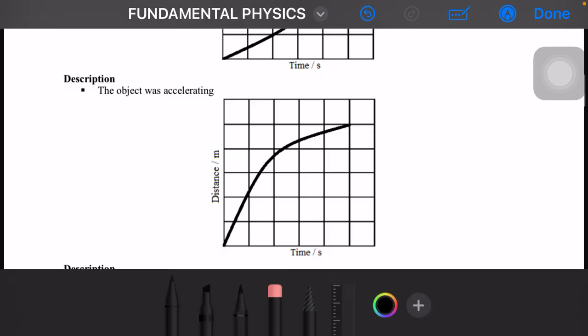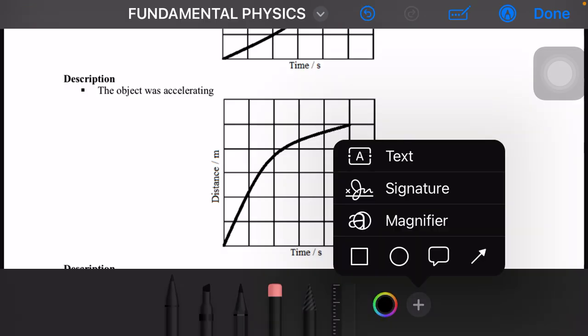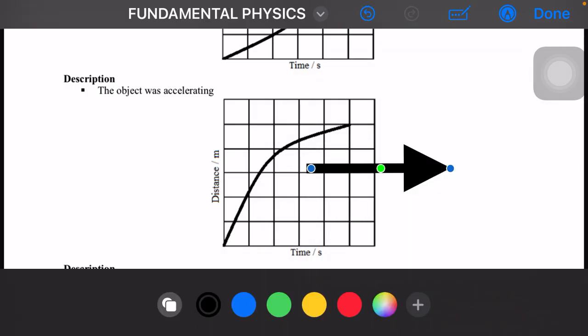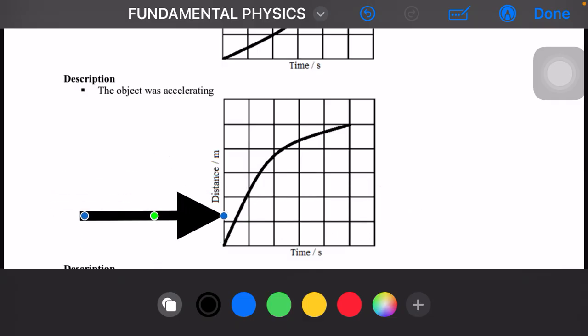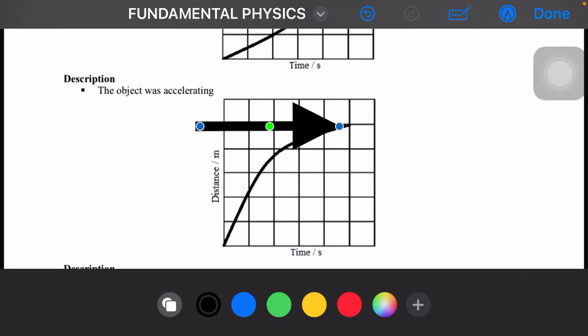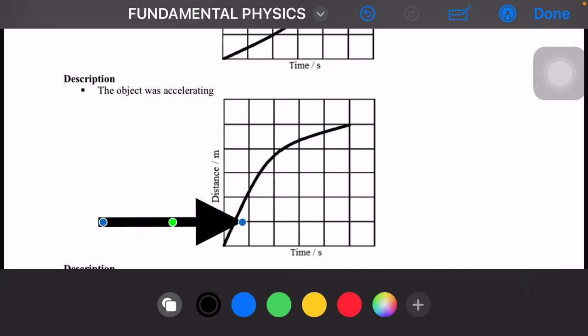Then each time you see a graph, the key thing you need to note is where the graph is starting from. After you note where the graph is starting from, you need to note where the graph is ending. How is it ending there? Is it forming a curve?